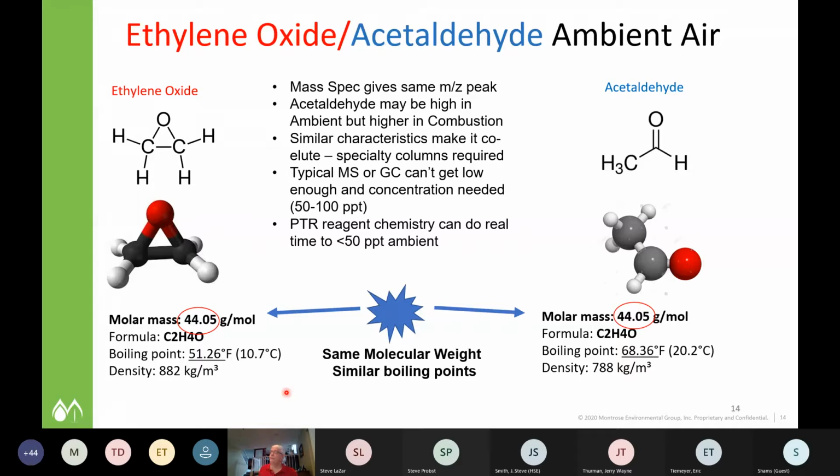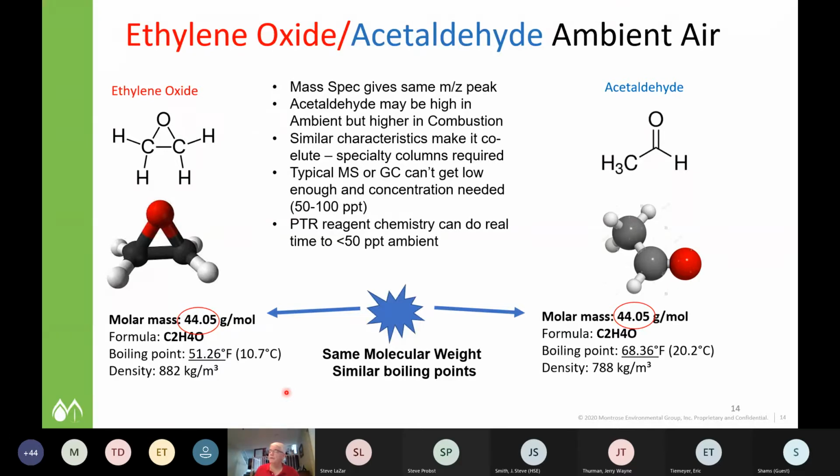The other issue, and we found this looking over some older data and doing some tests ourselves, is that acetaldehyde has been characterized as ethylene oxide in the past, so it's kind of been biasing your numbers high. You can separate this by GC, which I'll talk a little bit about next, but it's not easy to do.